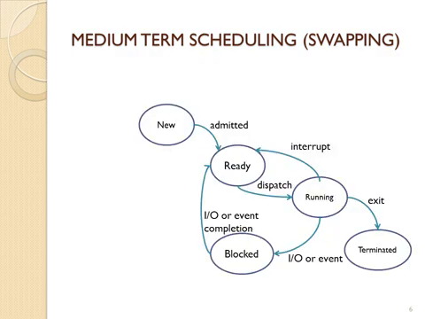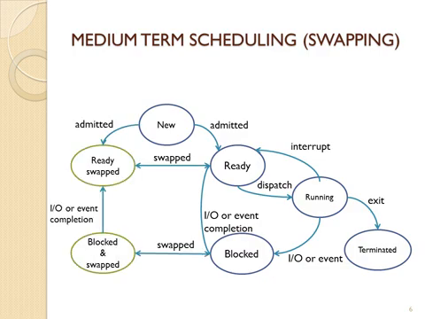So here is the diagram of the medium-term scheduler or swapping. This is the state diagram. If you remember, the processes would either be in the state of ready, which is waiting for the CPU, running, which is executing, or blocked, which is out in I/O. Now, some processes might be swapped.